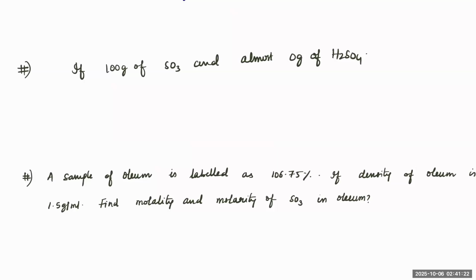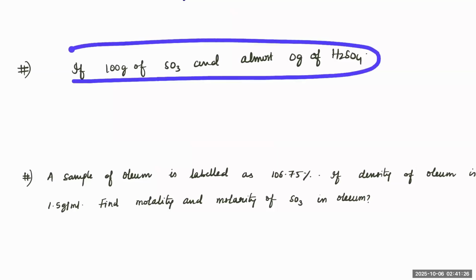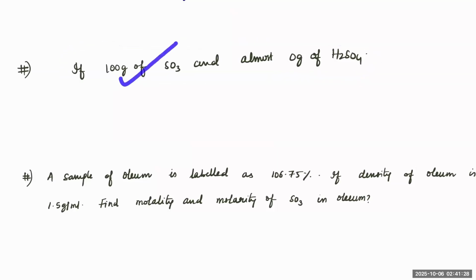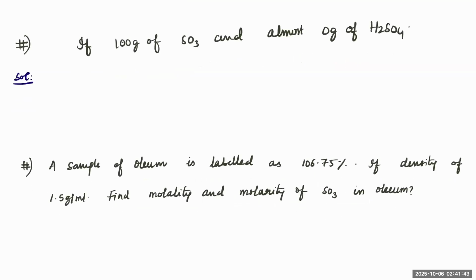Check it out. Suppose I take oleum in which everything is SO3 only, and I have not added any H2SO4 at all. Then what is the labeling of it?